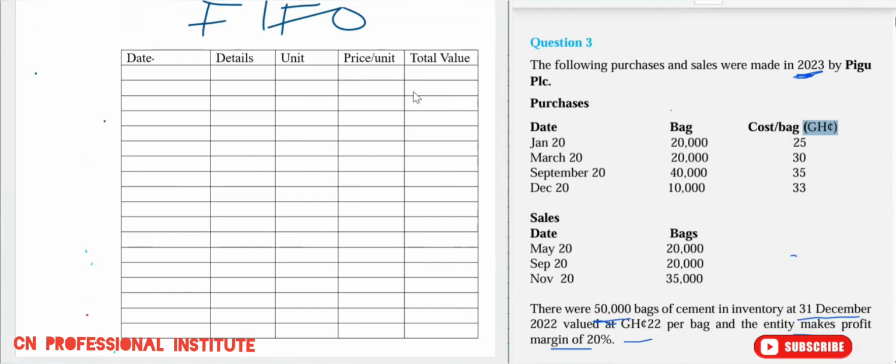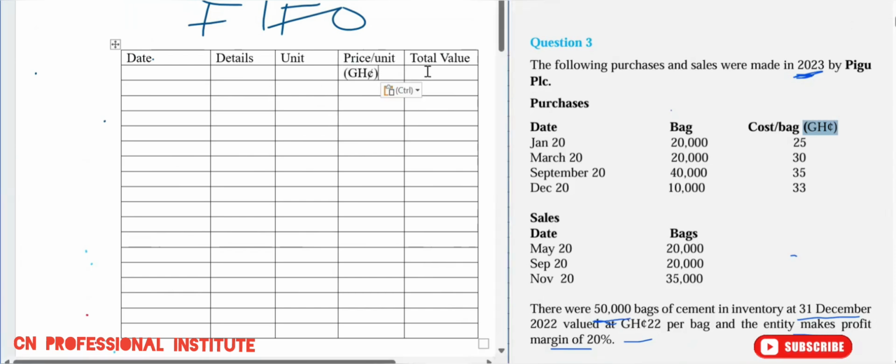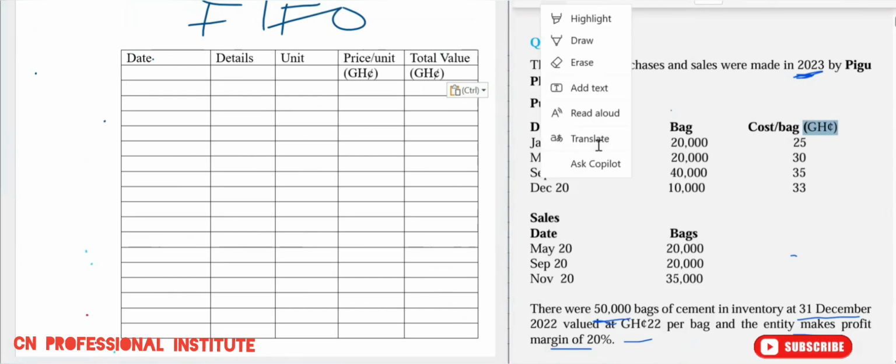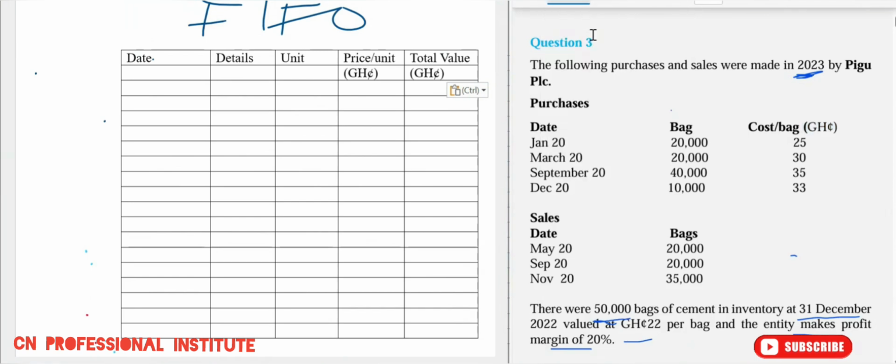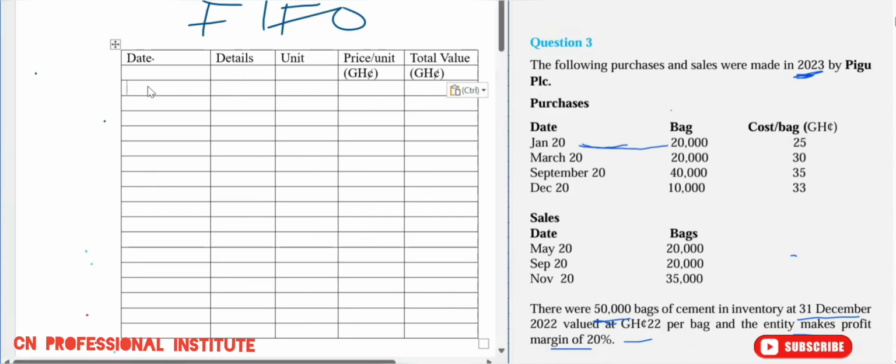Control C here, and then Control V. Okay, so let's start. If you come here, you would realize that we have the purchases. First, 20th January was the beginning. So January 20.